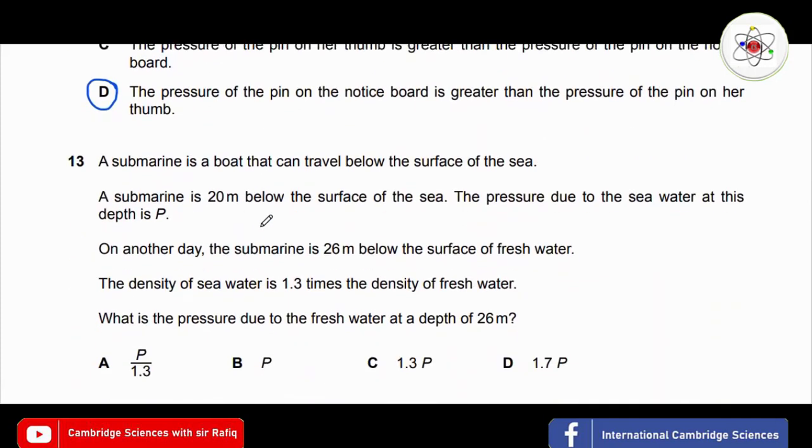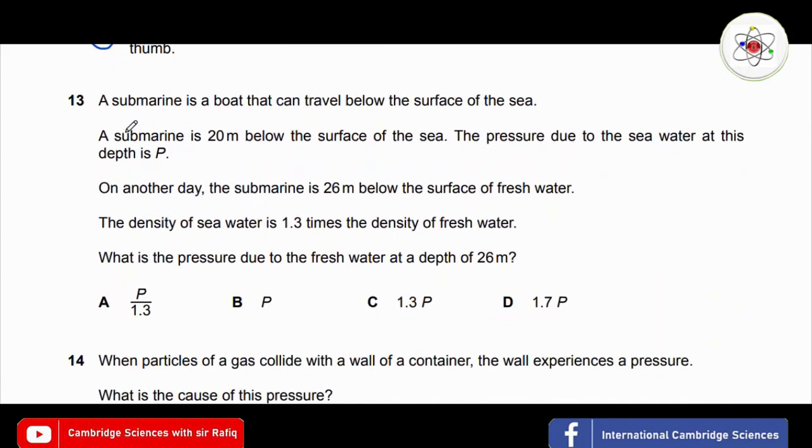moving on, question number 13. A submarine is a boat that can travel below the surface of the sea. A submarine is 20 meter below, so this is the depth of the submarine from the surface of the sea. The pressure due to the seawater at this depth is P. On another day, the submarine is 26 meter, so the depth is changed now, below the surface of fresh water.